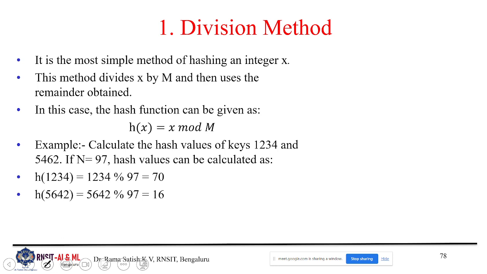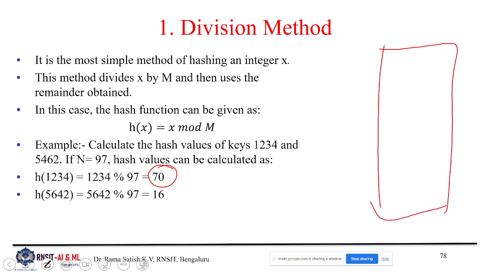So this is your x mod m, that is the division method, where you divide and take whatever modulus you get. So in that value, index number 70, you are going to store 1, 2, 3, 4.